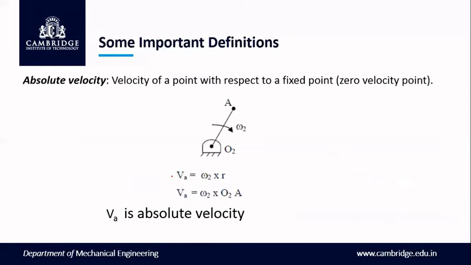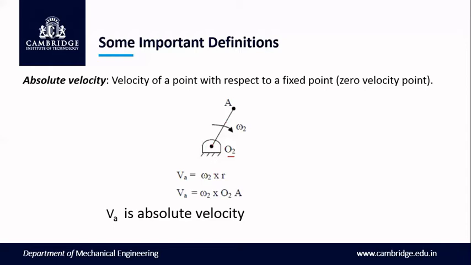Some important definitions. Let us discuss absolute velocity. We can say absolute velocity when we measure a velocity with respect to a fixed point. Means the fixed point should have a zero velocity. In the diagram we can see the point O2 is a fixed point which has zero velocity.